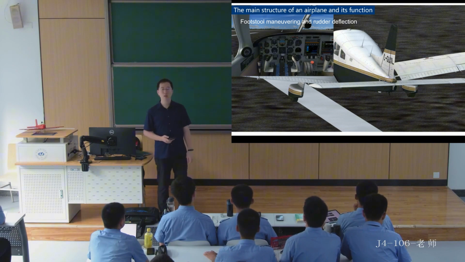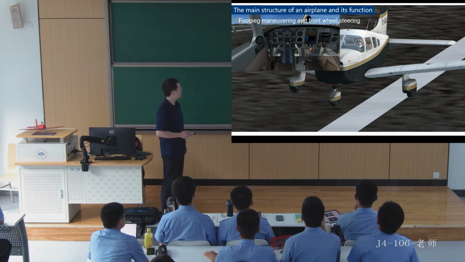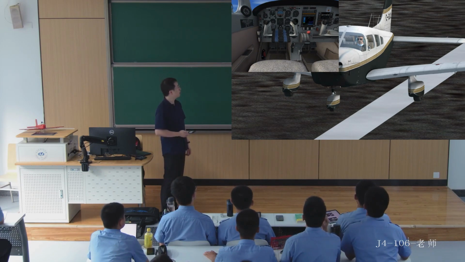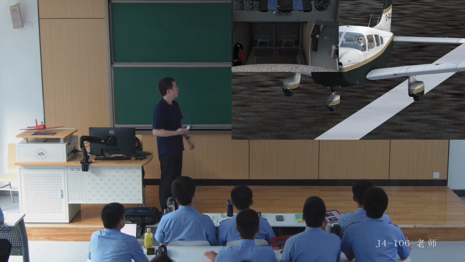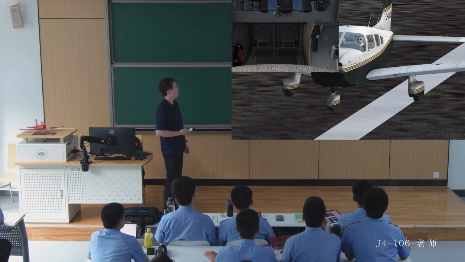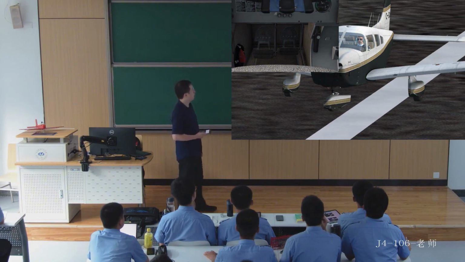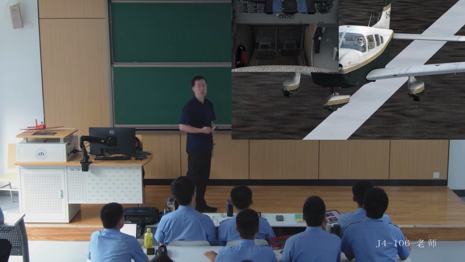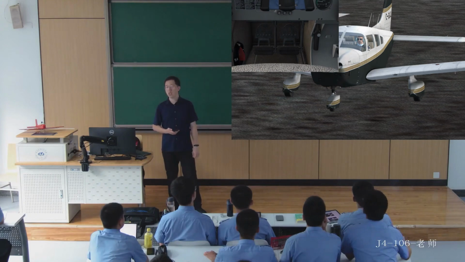It's all controlled using the foot pedals. Let's take a look. We can see the rudder turning. The pedals should be linked with the nose wheel steering, which can help our aircraft taxi on the ground.